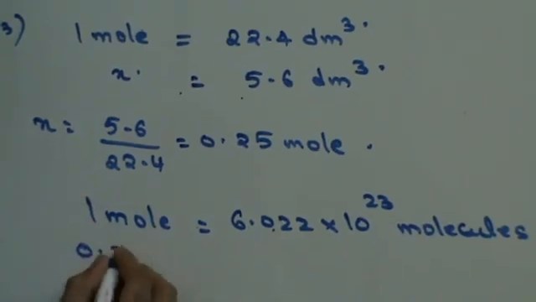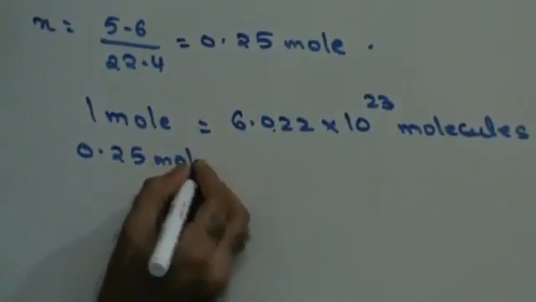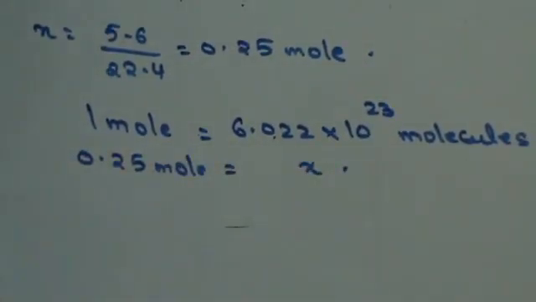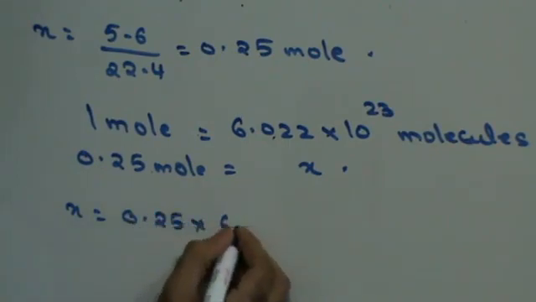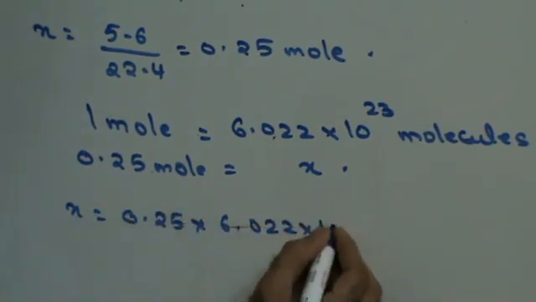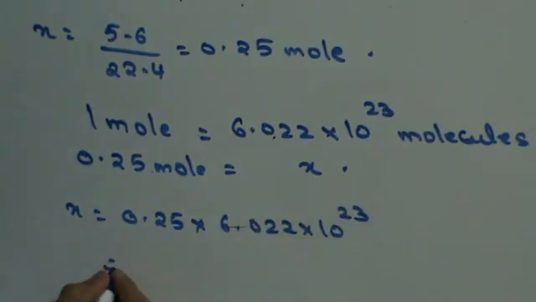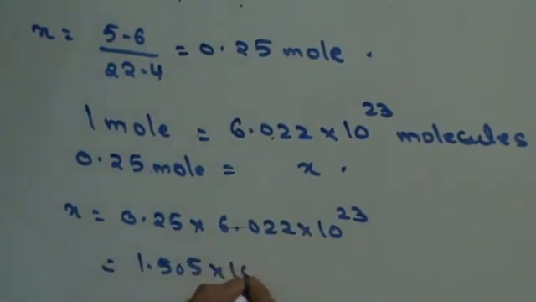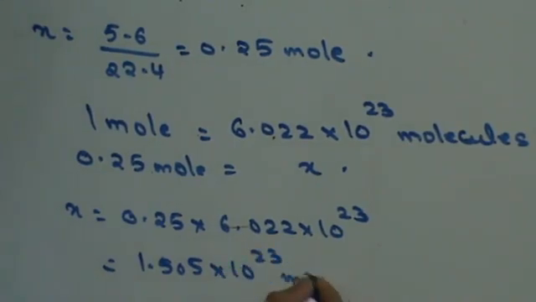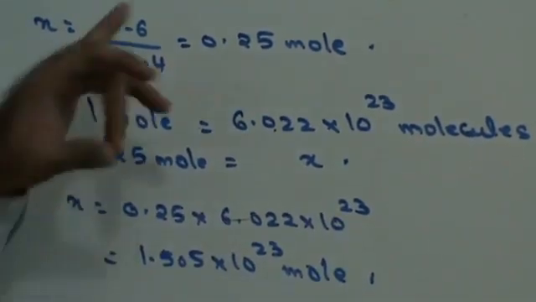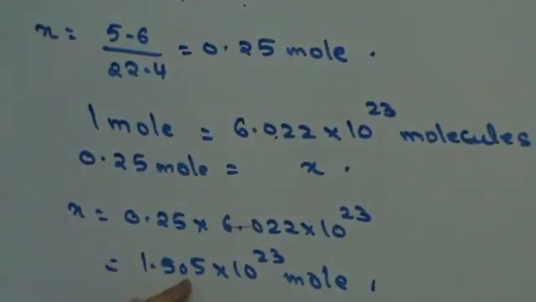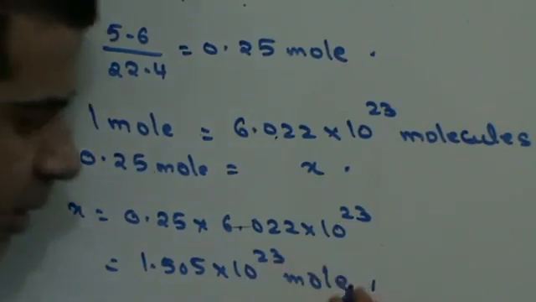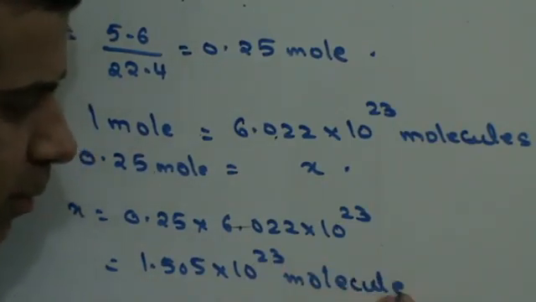We have 0.25 moles of ammonia. So how many molecules will it have? X will be nothing but 0.25 into 6.022 into 10 raised to 23 molecules. When you multiply this, this will give you 1.505 into 10 raised to 23 molecules. So I've solved the sum completely. There are 0.25 moles of ammonia and 1.505 into 10 raised to 23 molecules of ammonia.